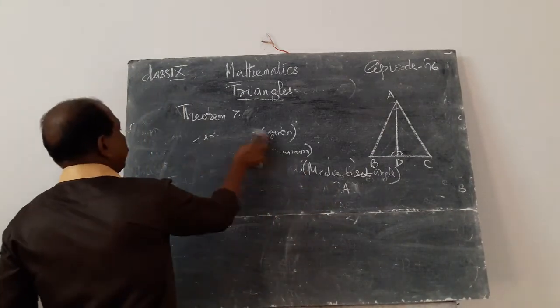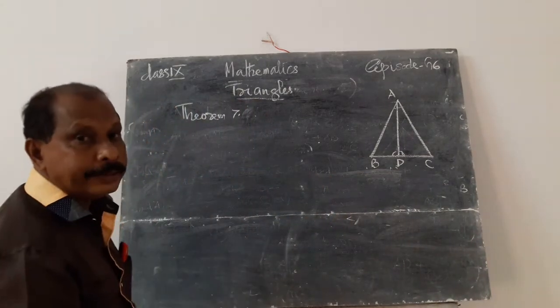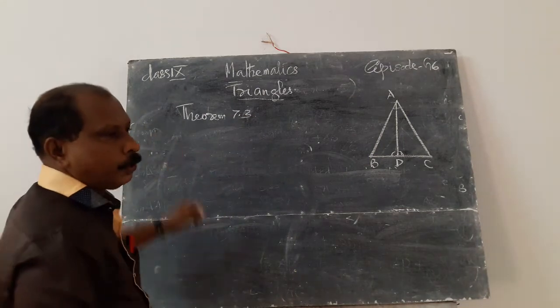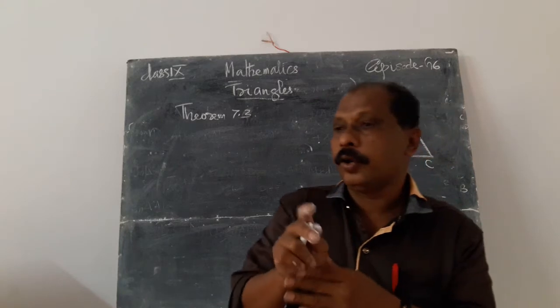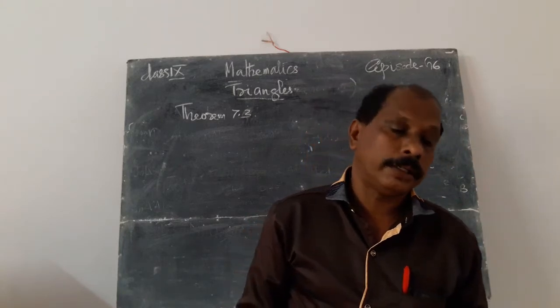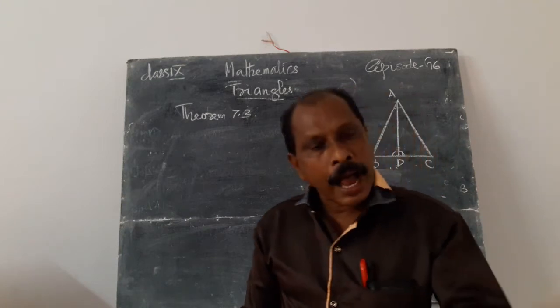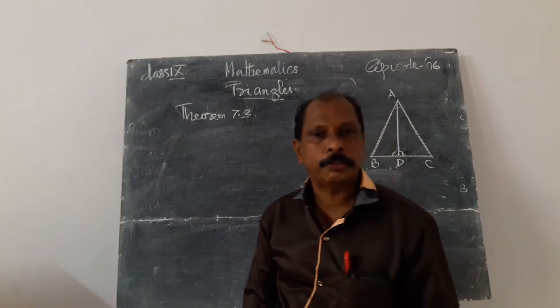Then, theorem 7.3 is the converse of the isosceles triangle theorem. Theorem 7.2 says that if two sides of a triangle are equal, the angles opposite to the sides are equal. The converse is, if two angles are equal, then the corresponding sides are equal. That is the converse of 7.2.